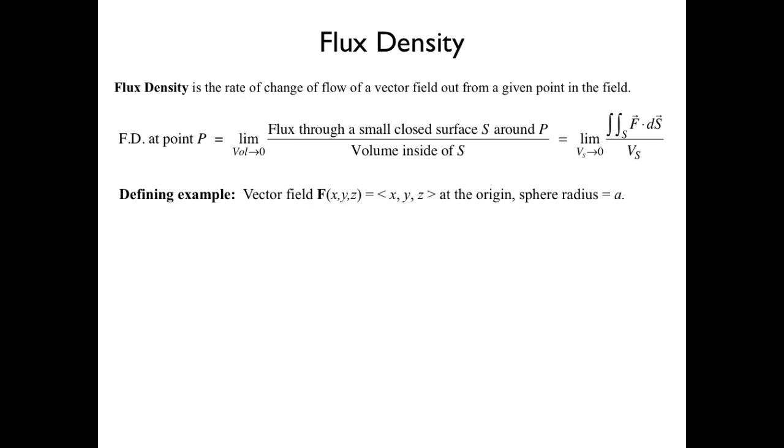Okay, so here's a defining example. Consider the vector field xyz at the origin, so we're going to consider the point at the origin, and the surface is a sphere of radius a. So here's a little sphere of radius a.